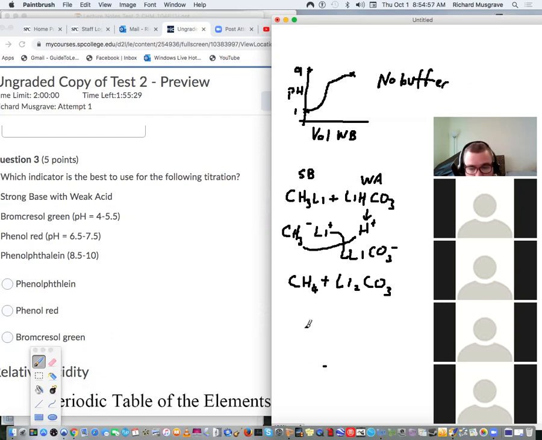It means we're starting with a strong base, which is 14, and we're going down to 5. So we're looking at the average of those, which would be 9, which is where the equivalence point would be. And then I choose the one that lies within where the equivalence point lies, and that would be phenolphthalein for that one. Anybody got any questions for number 3?